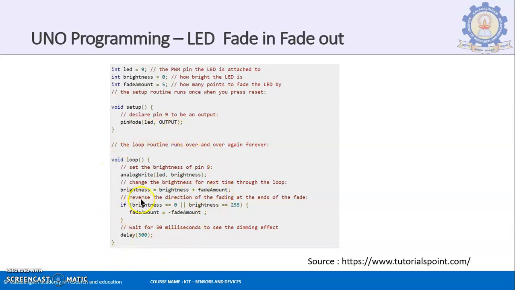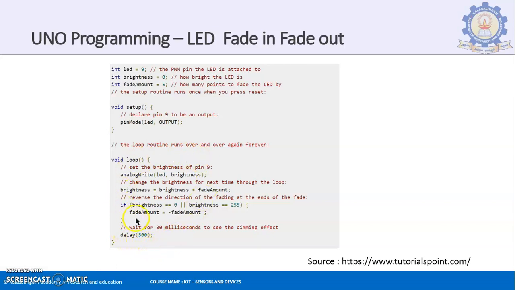If it is 0, I'm going to keep on adding 5, 5, 5, 5, 5 all the way to 255. And when it is 255 over there, what am I going to do? I'm going to begin decreasing the particular value over there. So I'm going to decrease the particular fade amount whenever applicable. So that depends on that particular condition over here.